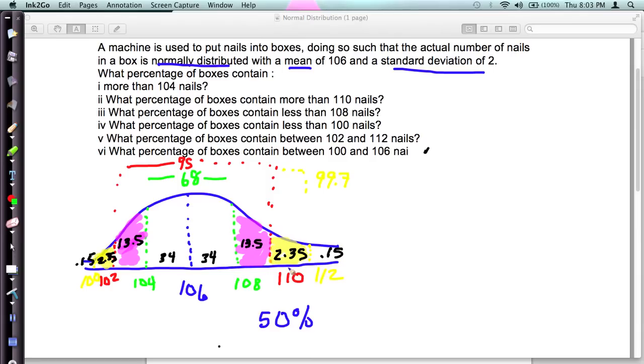And from 104 to 106, we already labeled that that's 34% of our data. So all you have to do is add these two parts together, and you get 84%.